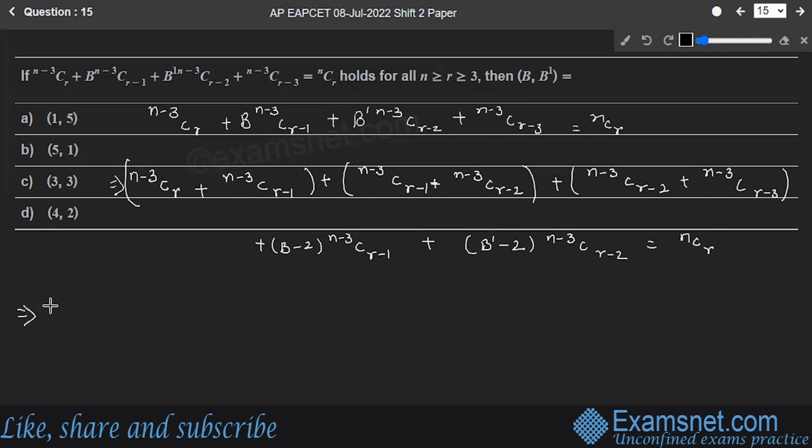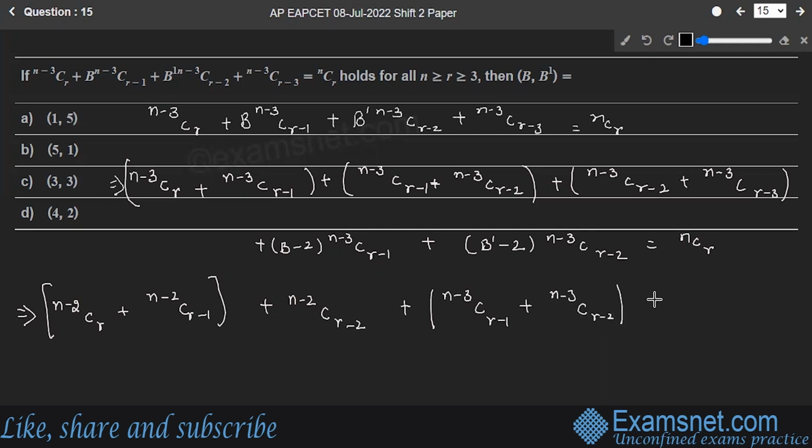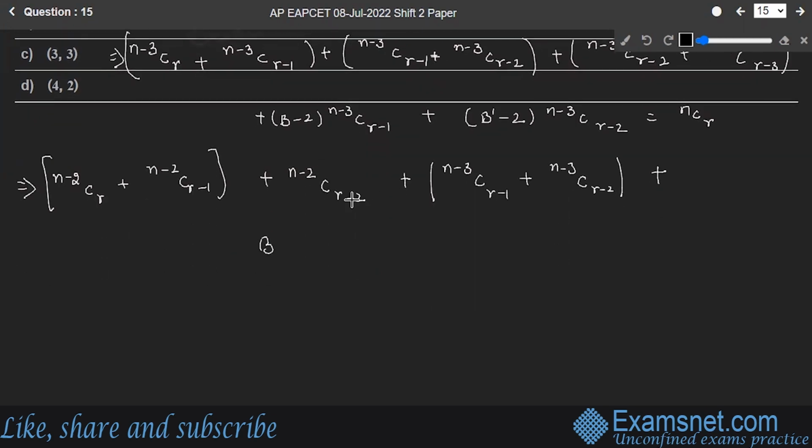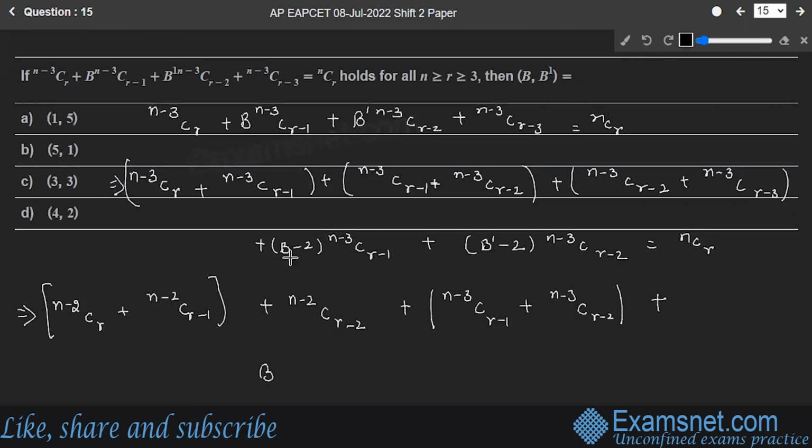Now, solving it further, you will get n-2. This can be written as n-2Cr plus n-2Cr-1, in brackets again, plus n-2Cr-2 plus n-3Cr-1, n-3Cr-2 plus, sorry, this was b minus 2 because I have added that already twice.